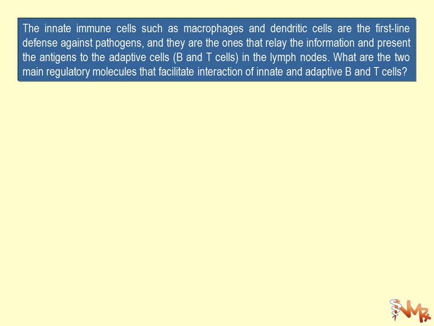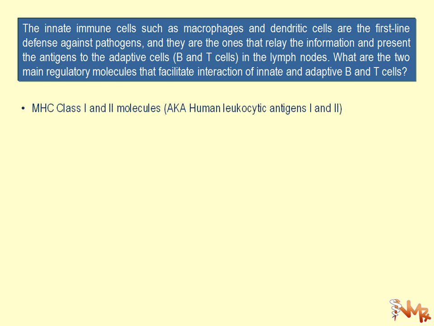As you can tell, what I'm heading for is to let you know how the cells within the innate system and within the adaptive system and between the innate and adaptive system, they communicate with each other. So what are the two main regulatory molecules that facilitate interaction of innate and adaptive B and T cells?